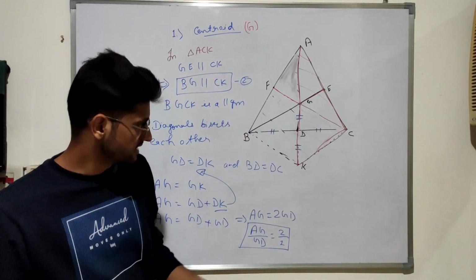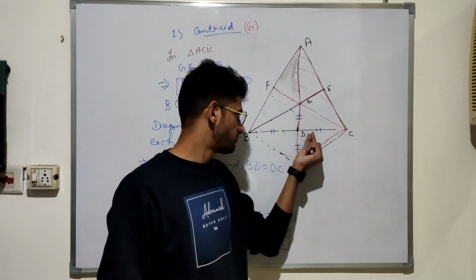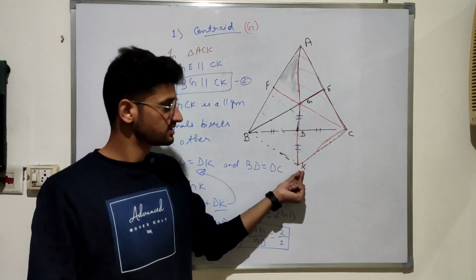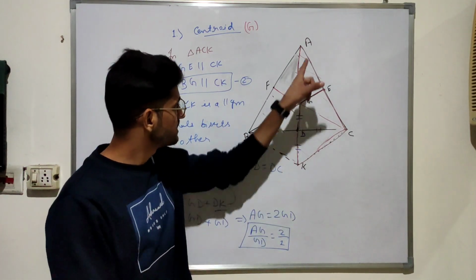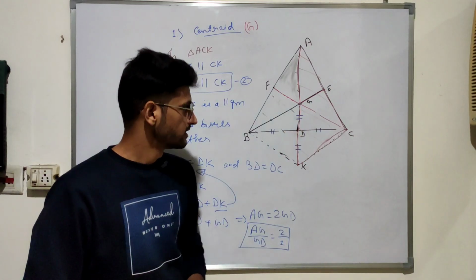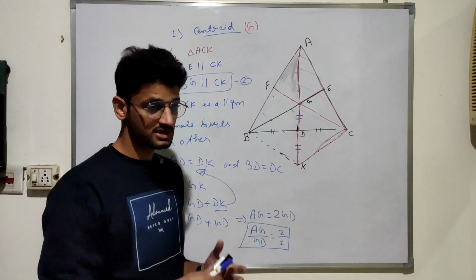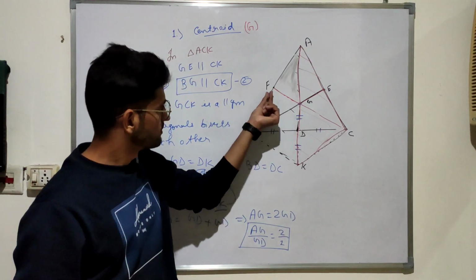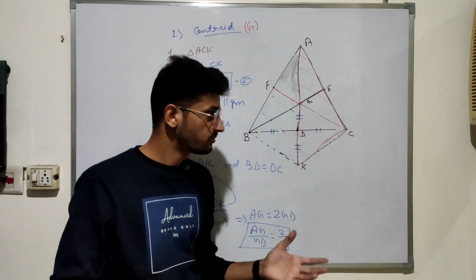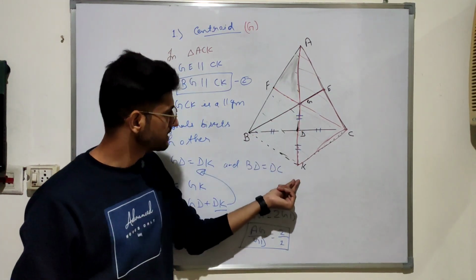What we have done is, let me summarize it. We have extended the point D to the point K in such a way that AG is going to be equal to GK. Now from there we will see the triangle ABK. In triangle ABK, what we have observed is that we have point F and point G as the midpoints of sides AB and AK.